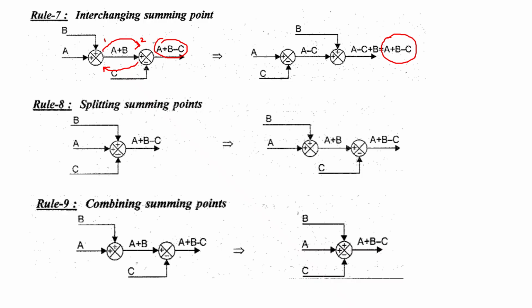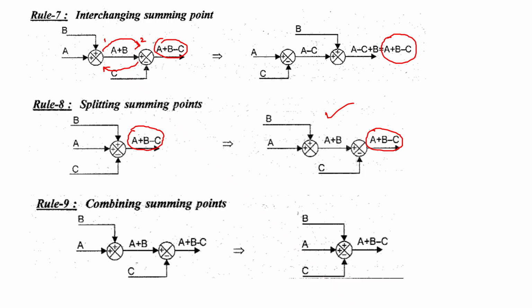Similarly, if I have a combination of a summing point where three signals are available in a single summing point, I can split this into two summing points as in the figure here. A and B are added, then C is subtracted from that. You can see the equivalent form is not changing.